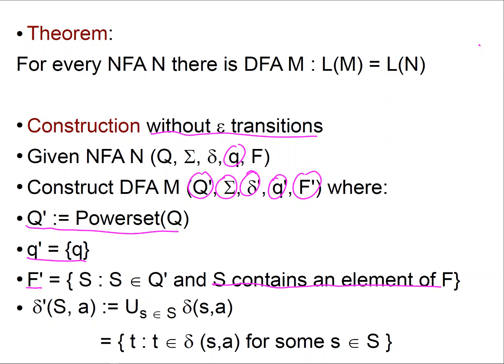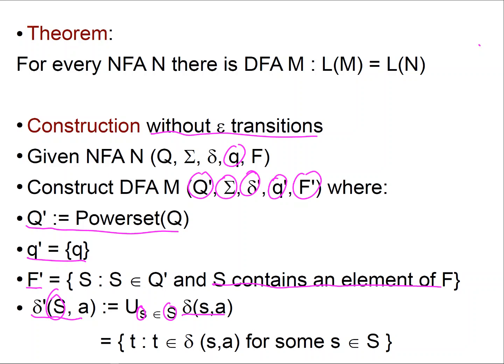So delta prime of S, A, remember S is a set of states of N. The value of delta prime will be the union over little s in big S, so every small state in N, of delta of s, A.